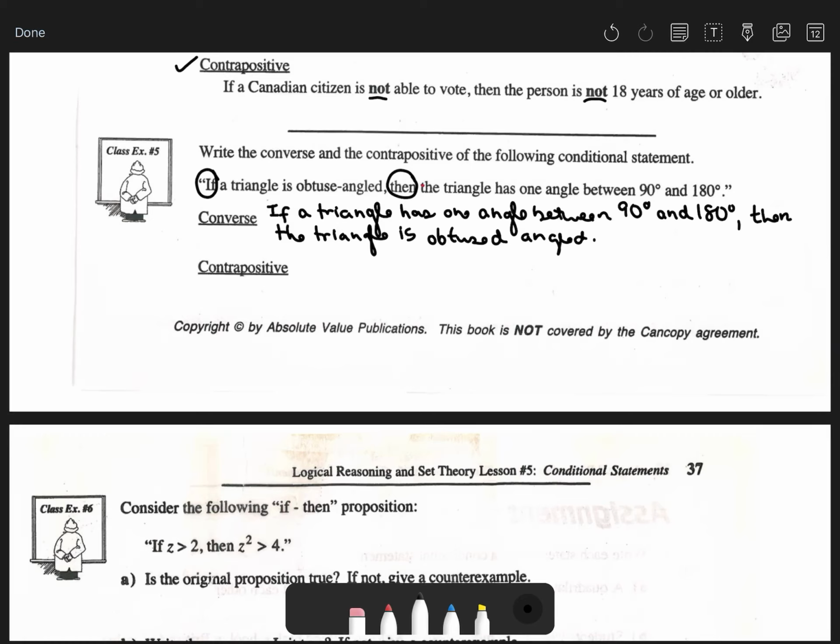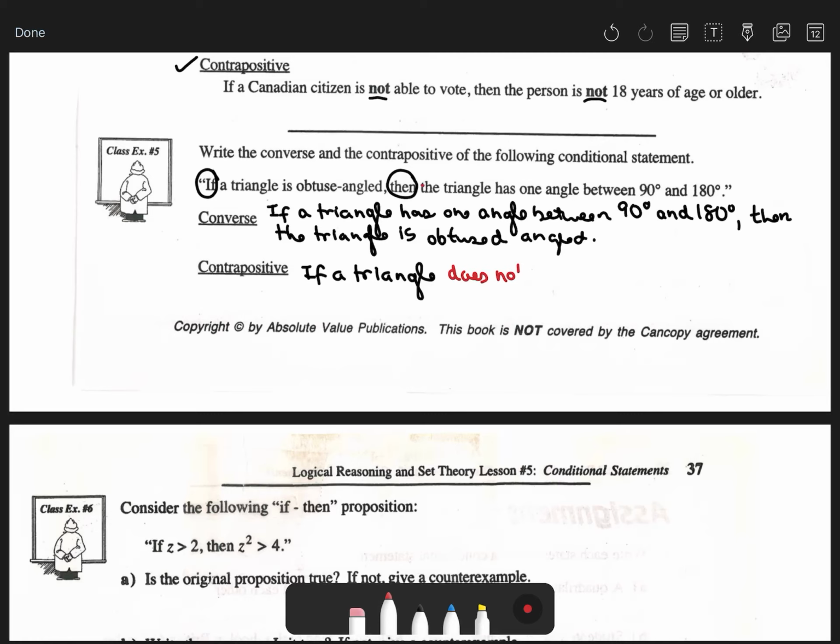I've written what we call the converse. Now, when I go and write the contrapositive, I negate both portions of the converse statement. So it's going to look exactly the same as the converse, but it'll look like this. If a triangle, now in the converse it said has one angle between 90 and 180 degrees.